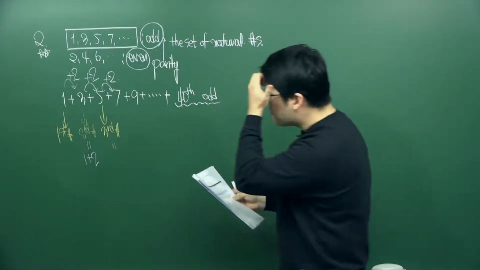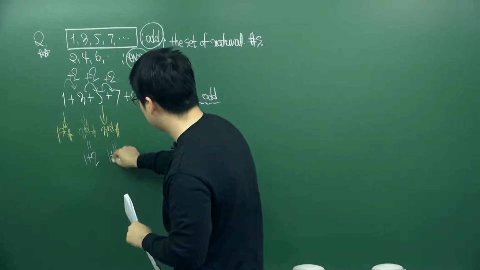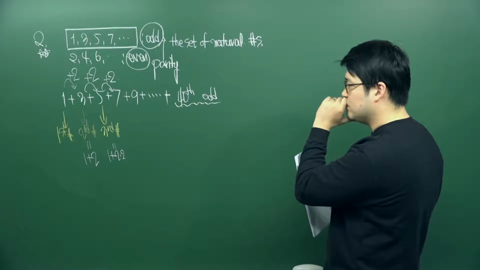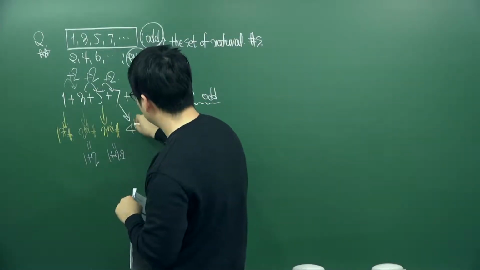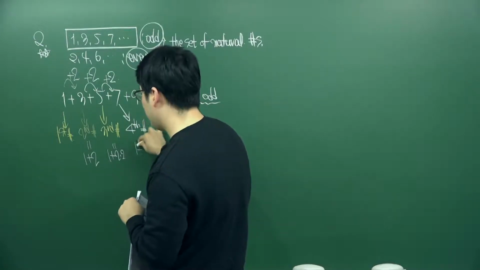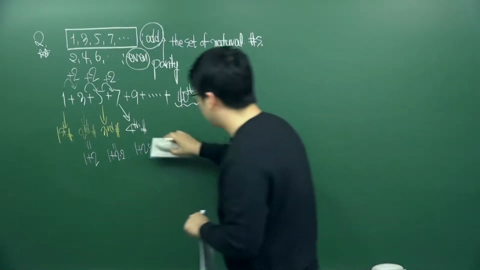This third number is going to be 1 plus 2 plus 2. And so on. Okay, what about this one? Fourth number. It's going to be 1 plus 2 plus 2 plus 2, which is 7.